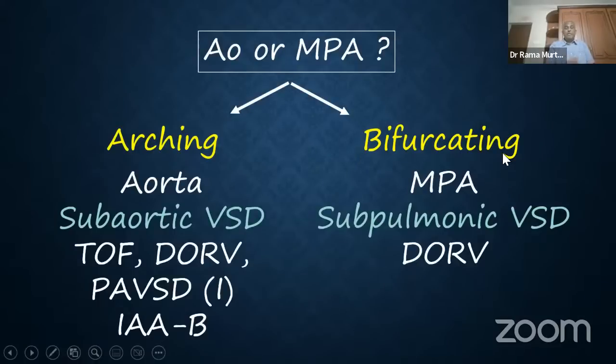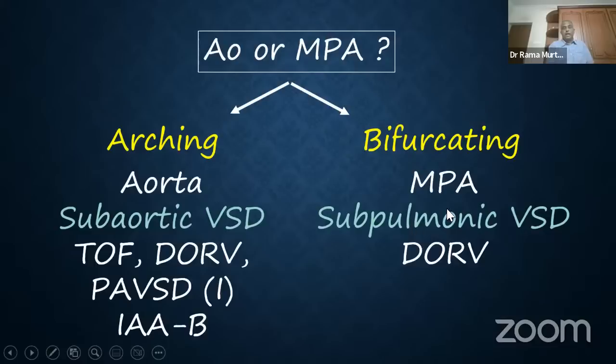If it is bifurcating in the axial plane, a property or an attribute of the main pulmonary artery, and an artery which arches is the aorta, right? So where do you think the aorta is overriding? TOF, DORV, PAVSD type 1, interrupted aortic arch.